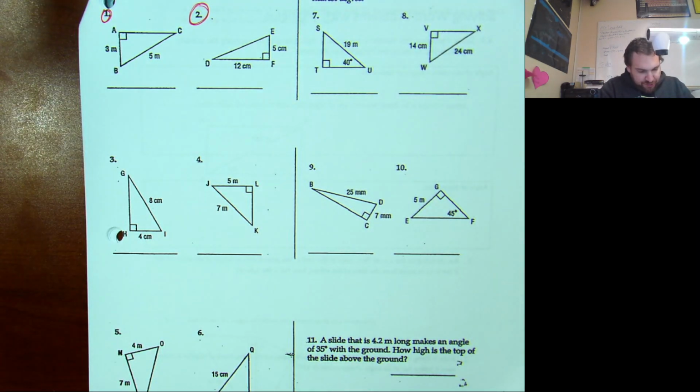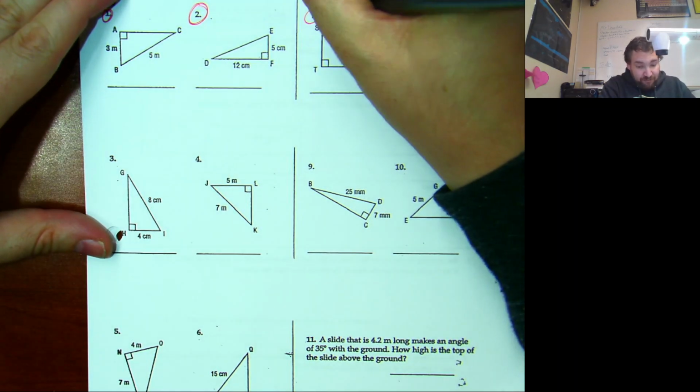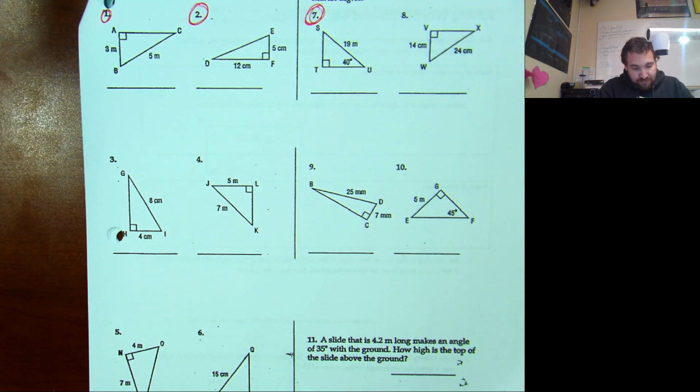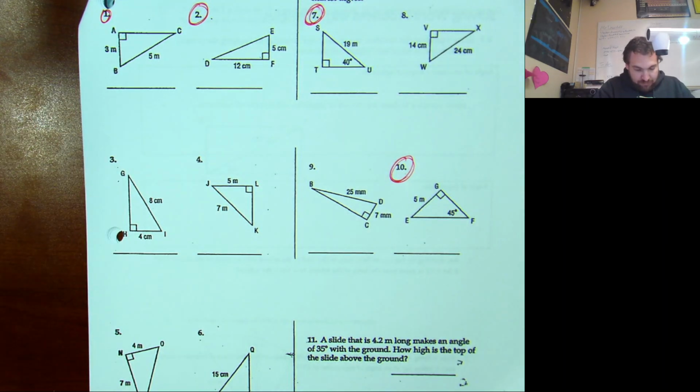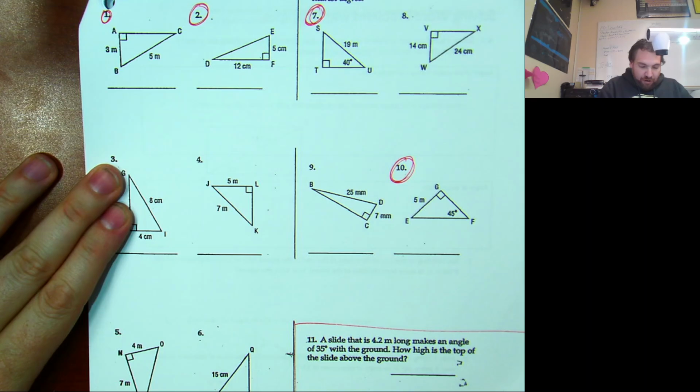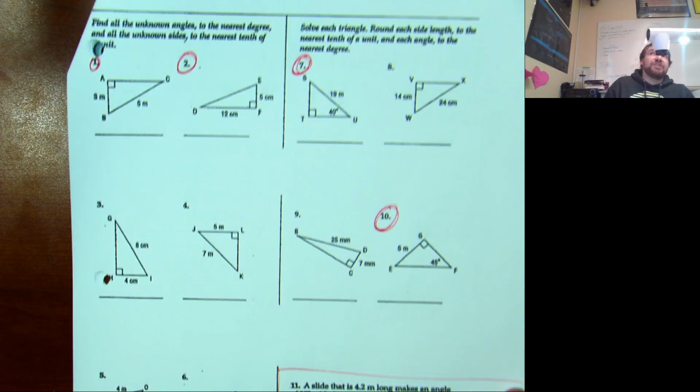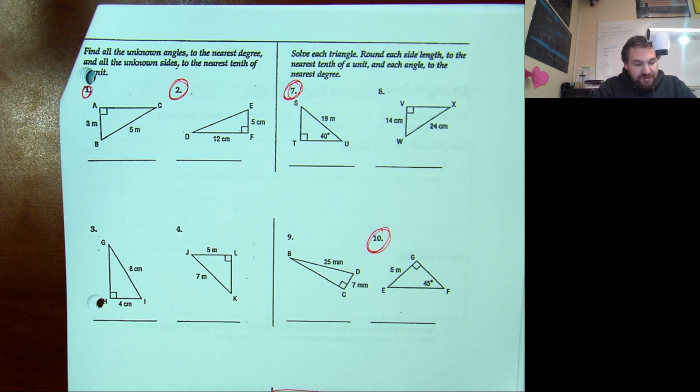Four is the same as one. Three is the same as one. Five is the same. Six is the same. You're definitely doing 7. 7's a gooder. And I'm going to get you to do 10. And we'll save 11 and 12 for tomorrow. So there's only 4 questions I want you to tackle. Questions 1, 2, 7, and 10.